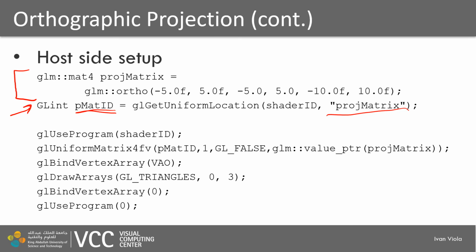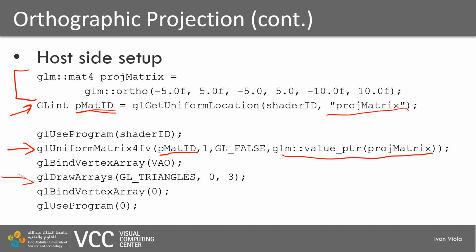So from the shader, in the shader, we will get some identifier for this variable, or for this uniform. And then at runtime, just before we are issuing the draw call here, we will be mapping onto this uniform another its values of this matrix.